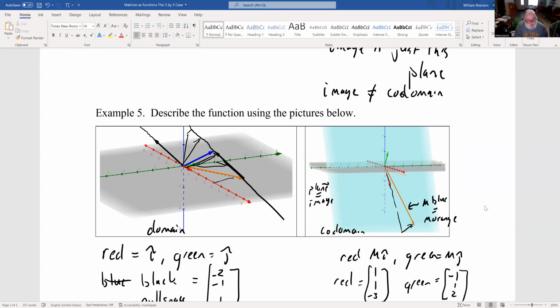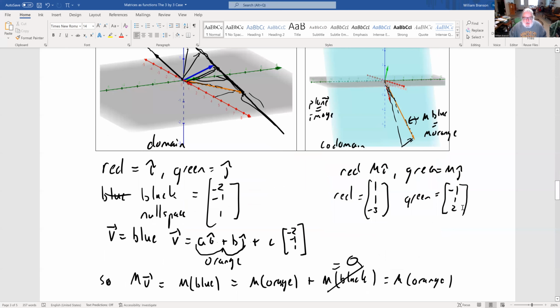And this entire line just gets mapped down to 0. So everything on this entire line gets mapped to the same vector that the orange vector does. So that's where our extra dimension is, right? This entire line gets squished down to the orange vector, and then that whole set gets mapped onto this orange vector down there. And that's where our missing dimension went.